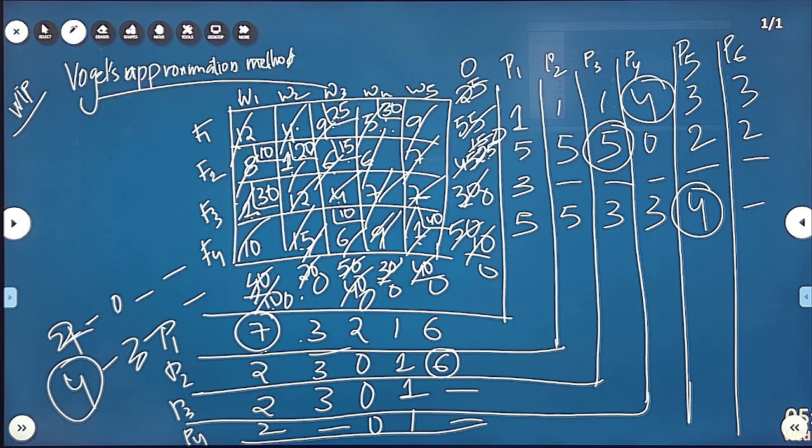You will get the feasible solution, and do the total cost also. 9 into 25, 5 into 30, 8 into 10, 1 into 20, 6 into 15, 1 into 30, 6 into 30 and 1 into 40. Add that, so you will get the total cost. So this is Vogel's approximation method.